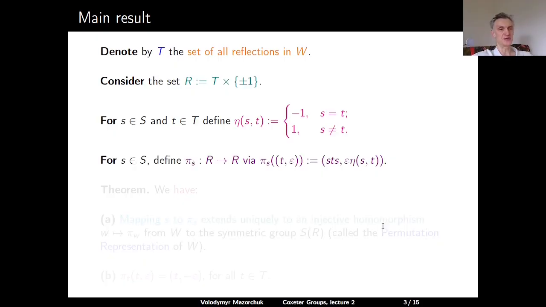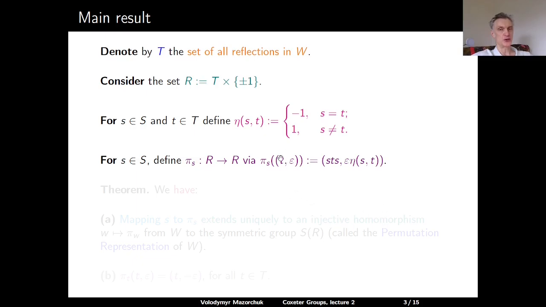And now for any generator s, define a transformation pi_s of R as follows. Pi_s applied to the pair (t, epsilon) is equal to the pair (sts, epsilon times eta_{s,t}).